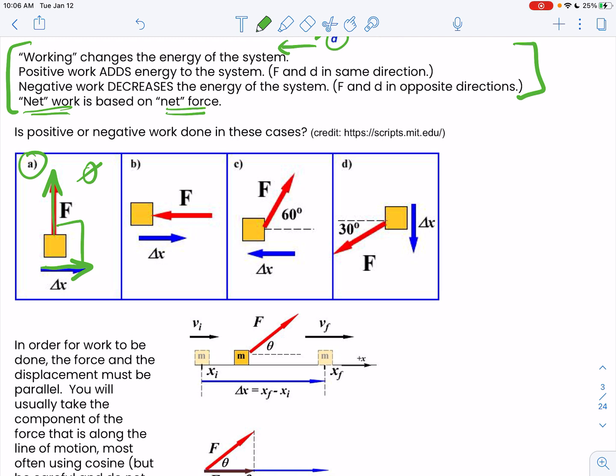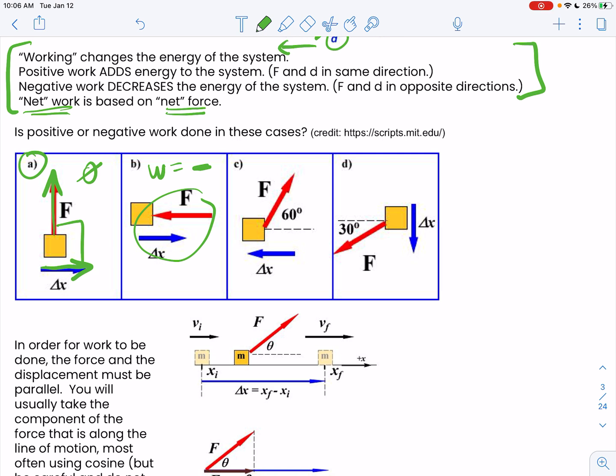My hand pushing up on the drinks doesn't do any work on the drinks, right? They have the same energy they did before, because even though I'm moving with them horizontally, the force I'm applying is vertical. Okay. If they're in opposite directions, the work is going to be negative. That would be like a cosine 180.